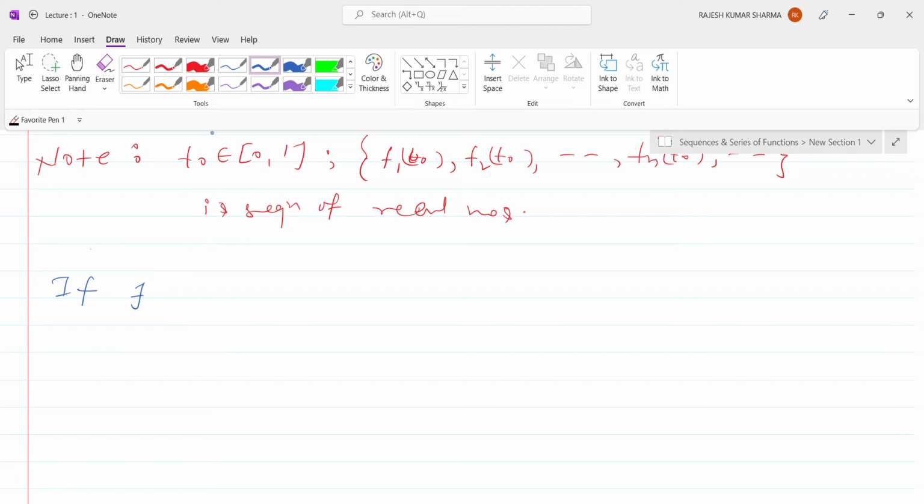Now we define when we say a sequence is pointwise convergent.